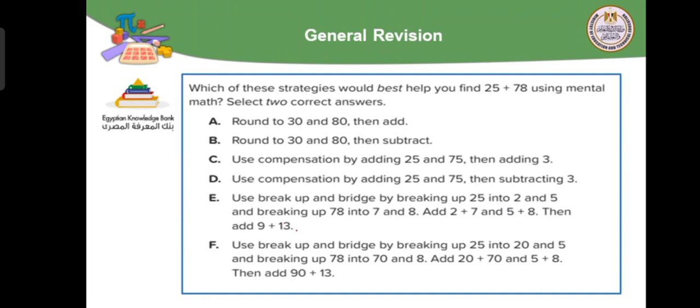Or use breakup and bridge by breaking up 25 into 20 and 5 and 78 into 70 and 8, add 20 plus 70 and 5 plus 8, then add 90 plus 13. He asked about using mental math, so I can round 25 to 30 and 78 to 80, then add them together. 30 plus 80 is 110. Okay, this is the easiest way.